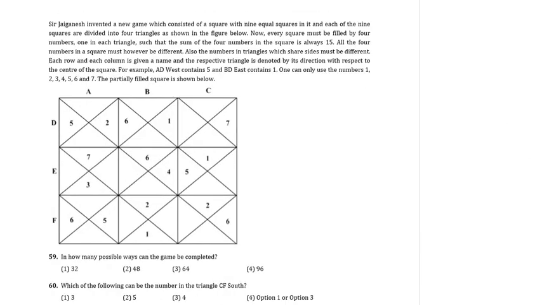When I look at the last two sets, this one looked difficult because there was this grid that you had to fill using certain rules. So there was a square with 9 equal squares in it, and then each of them are divided into 4 triangles. So you had to fill things as per the rule.